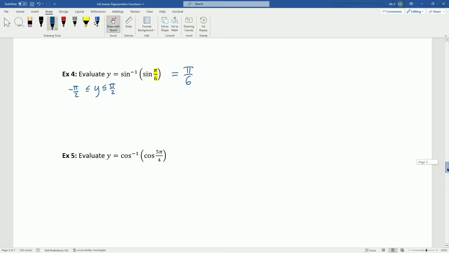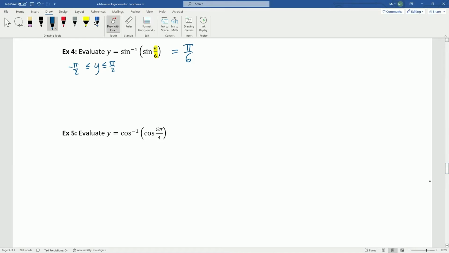But now here's one that gets a little more complicated. So evaluate y equals cosine inverse of cosine of 5 pi over 4. So I have to think about what outputs cosine inverse can have. Well, cosine inverse has to output between 0 and pi.